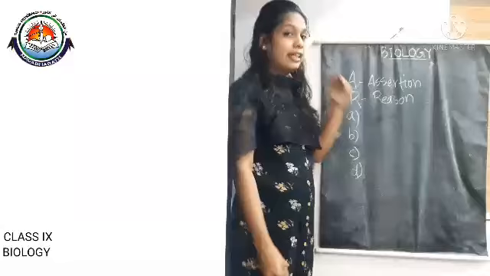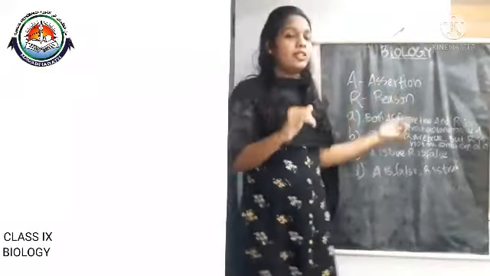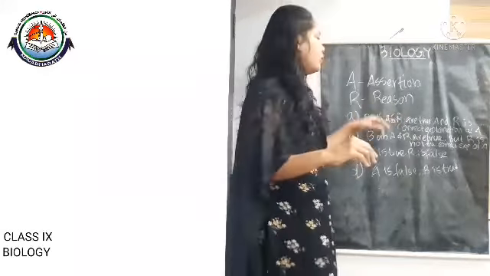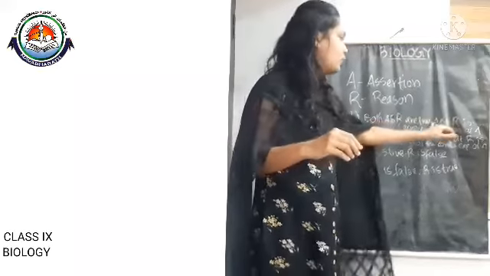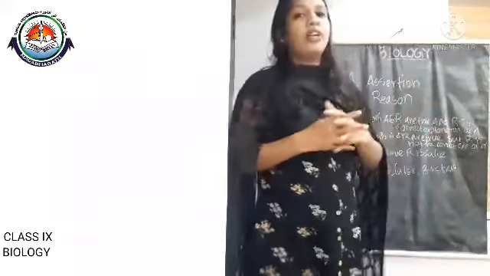So you need to select the correct answer from these choices. The answer will be A. Both assertion and reason are true and R is the correct explanation of A.